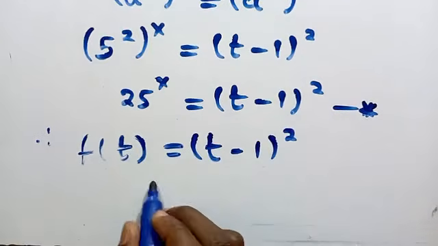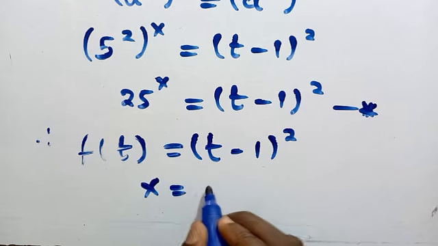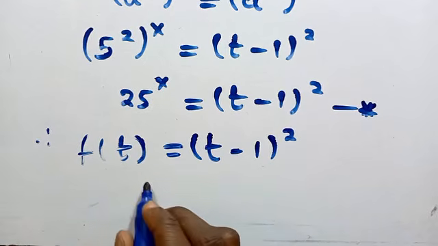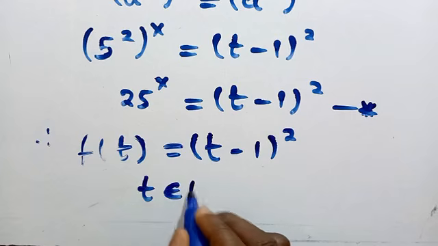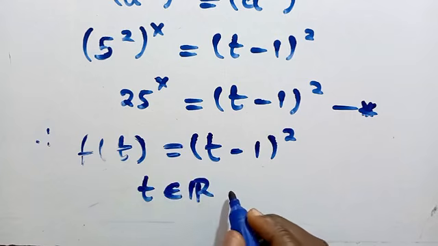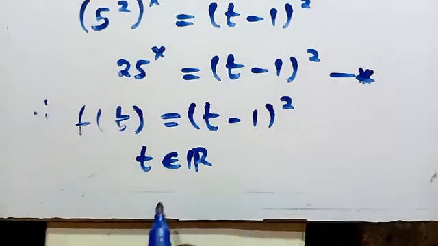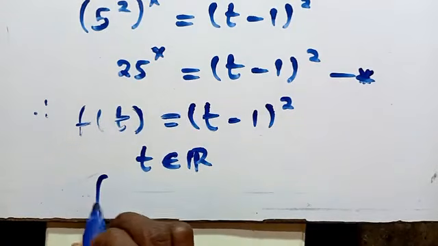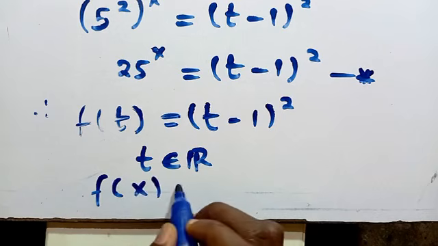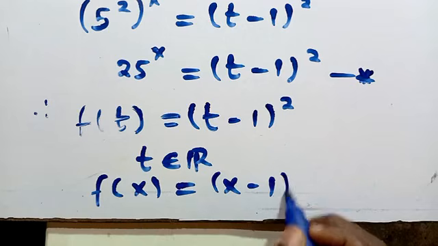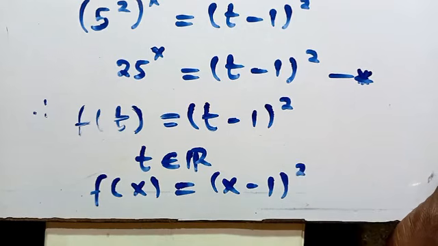We note again that x is a member of the real numbers, so t is also a member of the real numbers. We switch by changing t to x. We have f of x equals x minus 1 raised to power of 2.